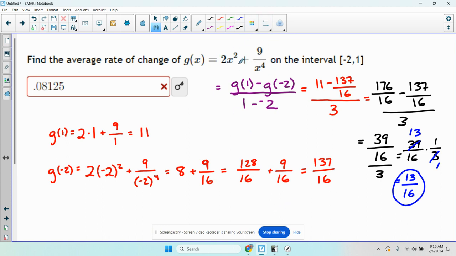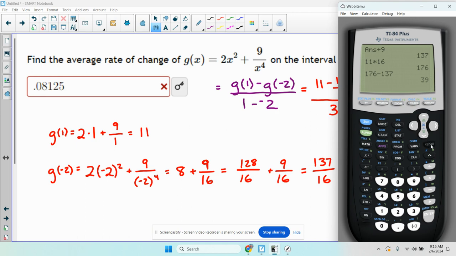You could put this into y equals, and then just hit second trace and trace these two values. Real quick, I'll show you. If I went to y equals, cleared out what I have, and typed 2x to the second plus 9 divided by x to the 4th. Let's see, zoom standard, that should work.